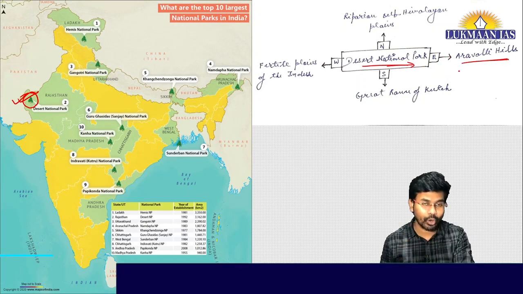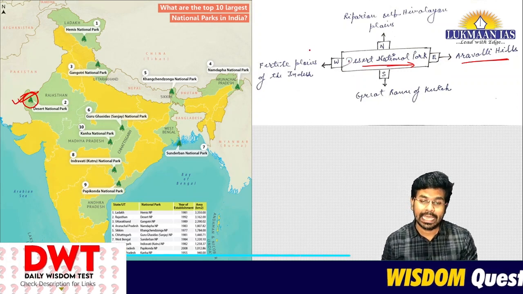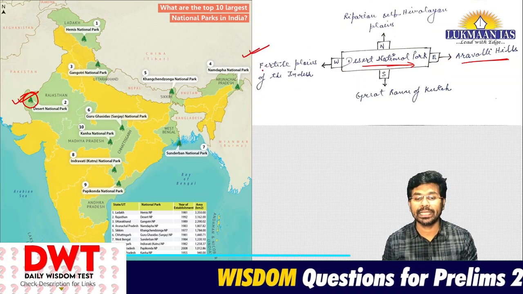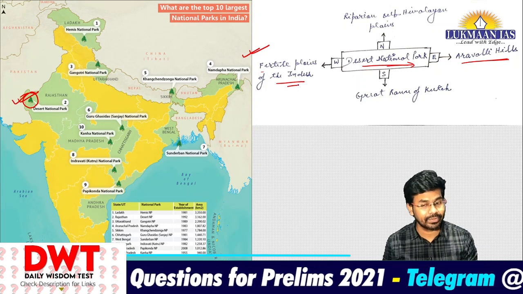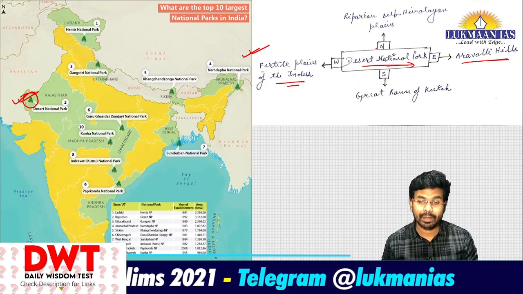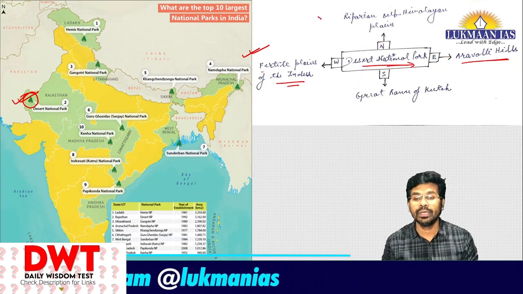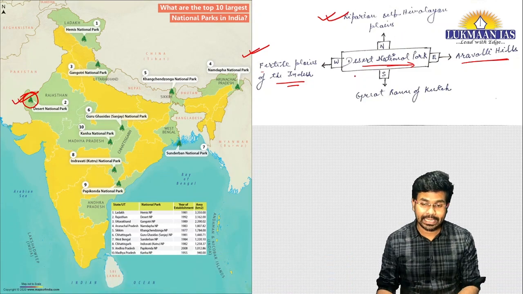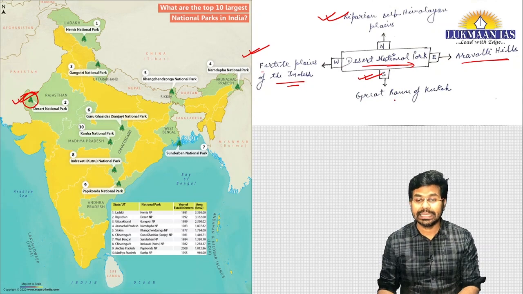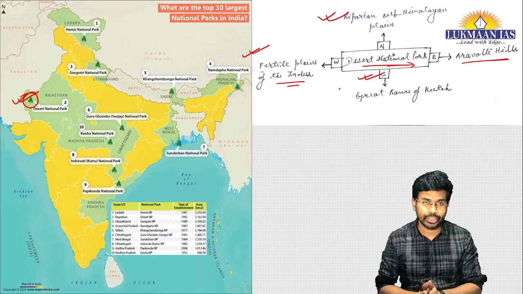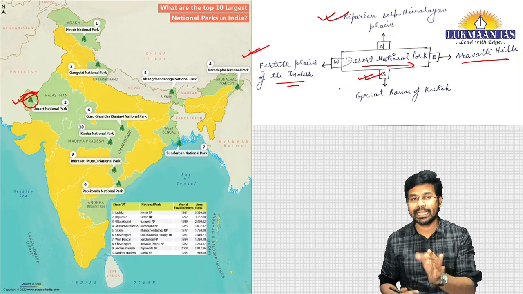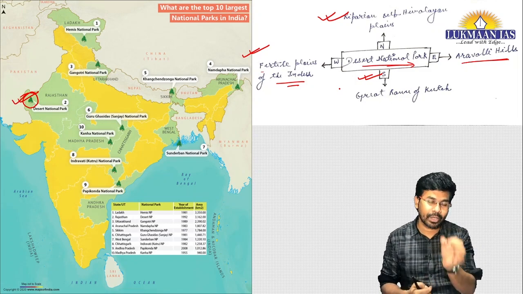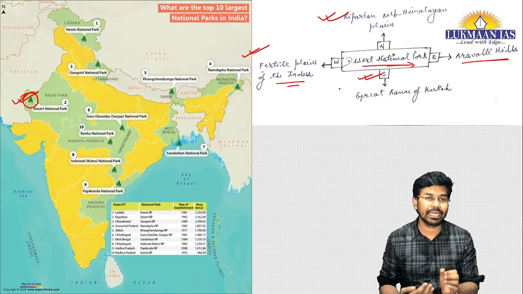The eastern border is formed by the Aravalli Hills, and the western border is formed by the fertile plains of the Indus River. This national park expands up to the riparian sub-Himalayan plains in the northern region, and up to the Great Rann of Kutch in the southern region. So this is all about this particular question. I hope this question might have given you some more information about the issues that have been asked.